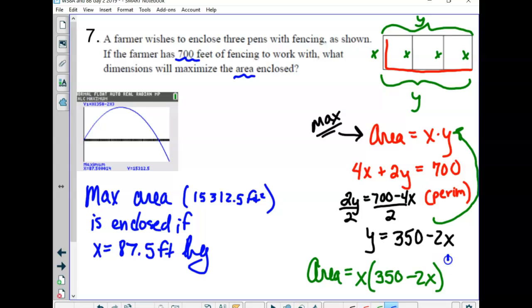Yeah, right down here. Can you put that 87.5 back in there and tell me what you get? 350 minus 2 times 87.5.